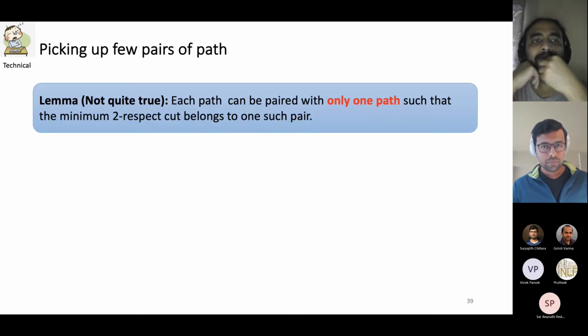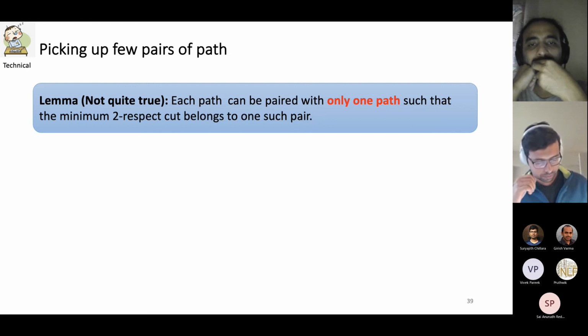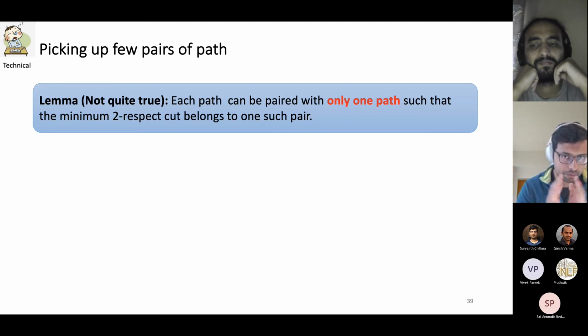Okay, so this is a lemma which is not quite true. Suppose you have already done something called a tree decomposition, and what tree decomposition gives you is the following.